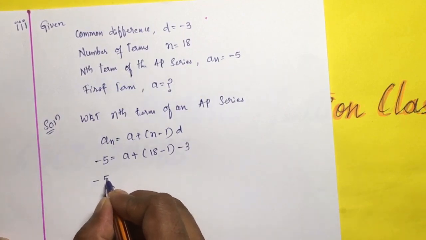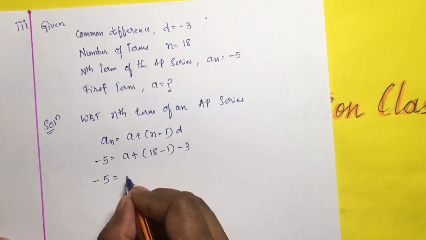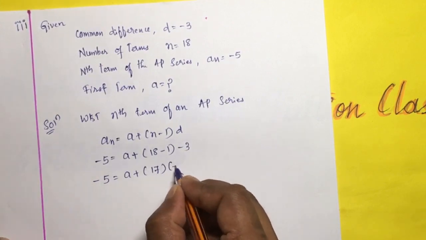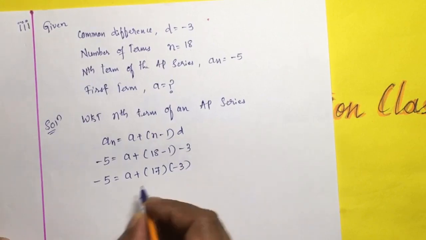So minus 5 is equal to a plus 17 into minus 3.